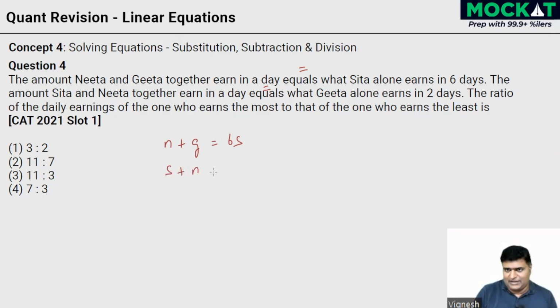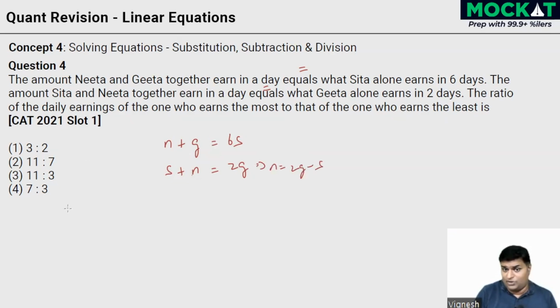So S plus N equals what Geeta alone earns in 2 days. So 2G over here, right? So how do we solve for this and find the ratio? What do I need to find? The ratio of the one who earns the most to that of the one who earns the least. So N equals 2G minus S, right?